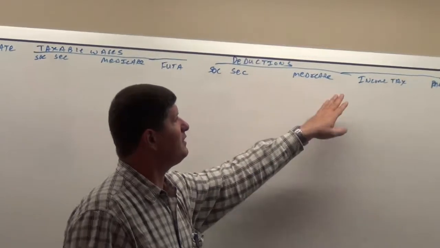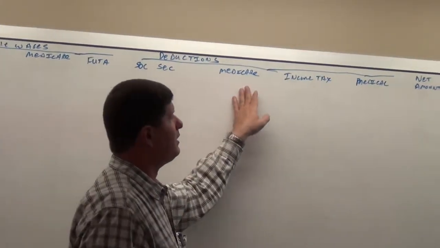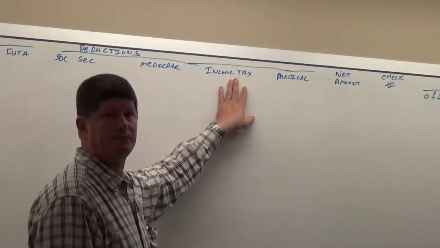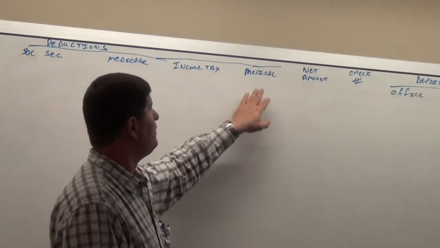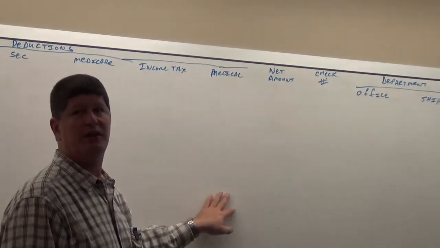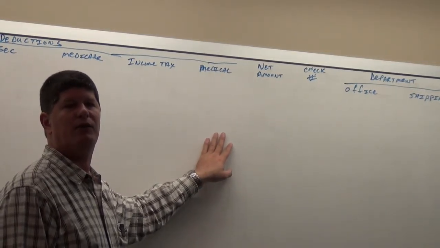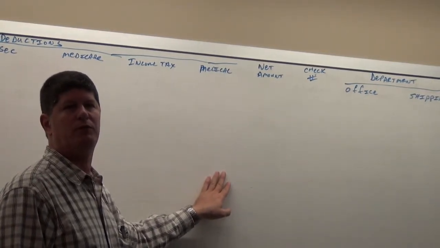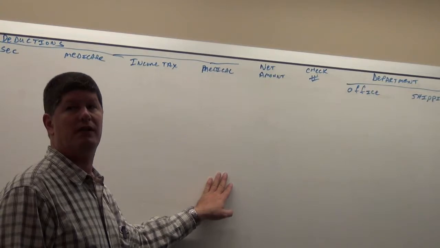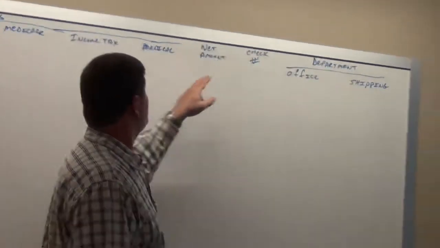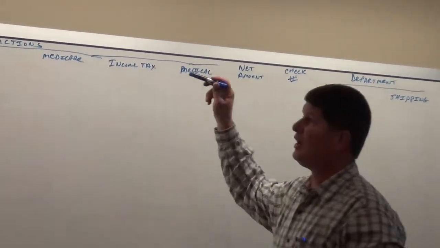And then you calculate the deductions for Social Security, Medicare, income tax. Okay? Any voluntary deductions? Remember we talked about that? 401k, if you have to pay part of your medical plan at work, things like that. And then you calculate the net amount of the check.